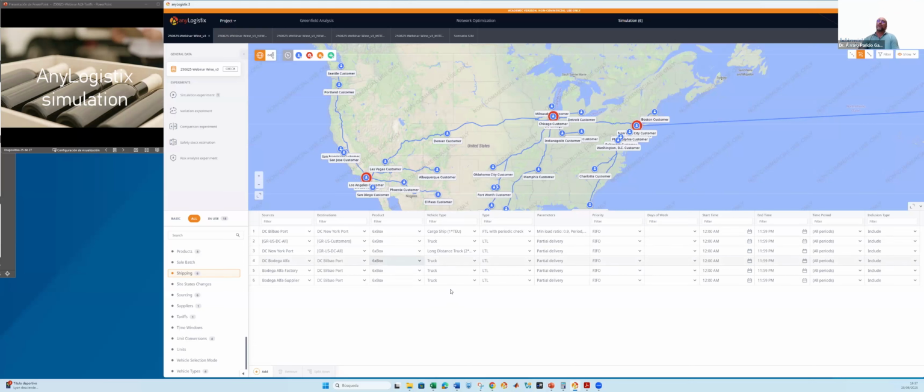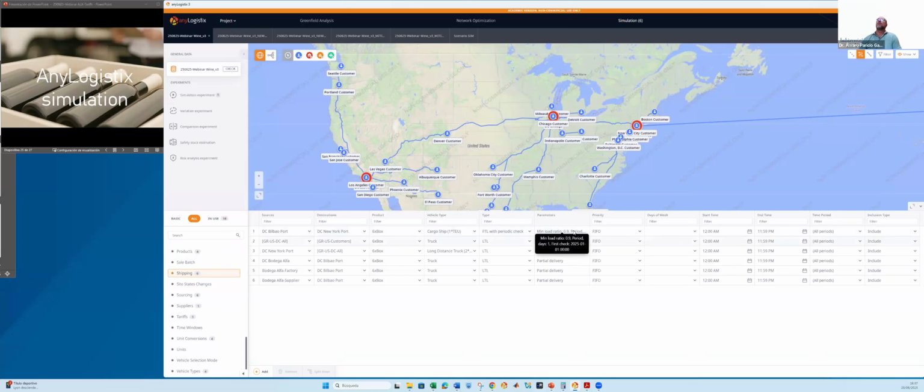For my convenience, I decided to use LTL policies, that is less than a truckload, for connecting all the distribution centers, except the connection between seaports, where it takes longer and we want to move full containers, so full load.